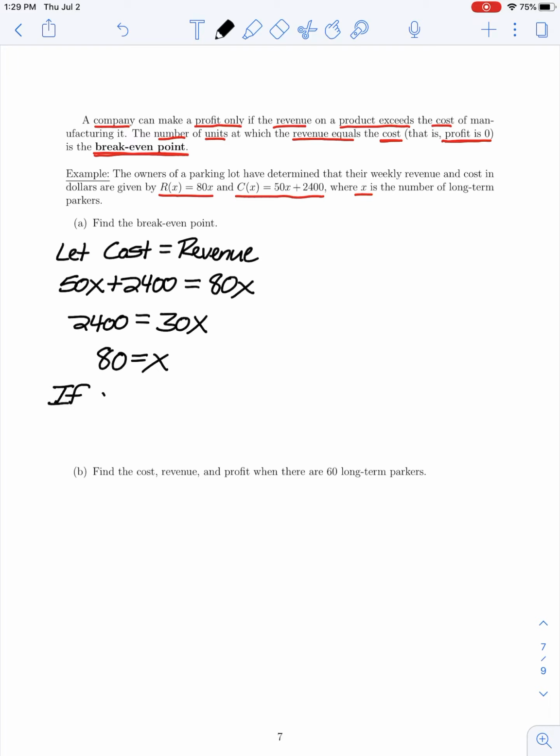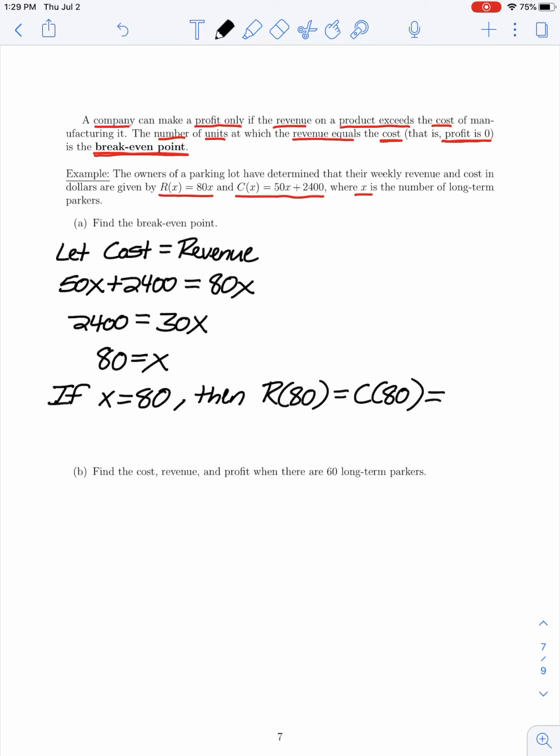Here we can say if x, the number of long-term parkers, is equal to 80, then our revenue would be equal to our cost, since 80 was the point where cost is equal to revenue.